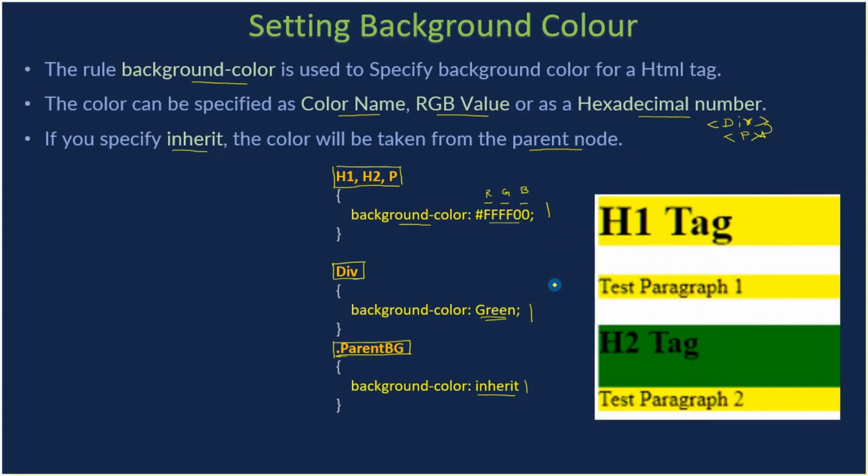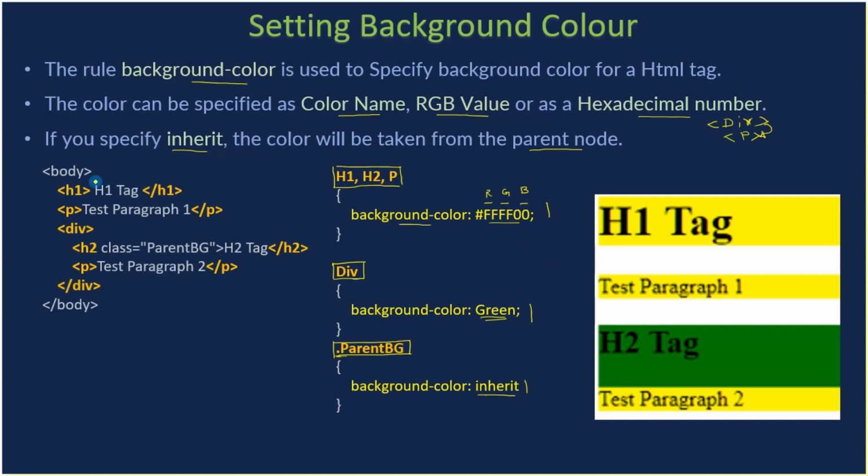So this is what is applied in the example. If you see, the h1 tag picks the color value from here, h2 also picks the same color value, and the paragraph also picks the same color value. Here is also a paragraph. h1, h2, p all select the same value from rule 1.